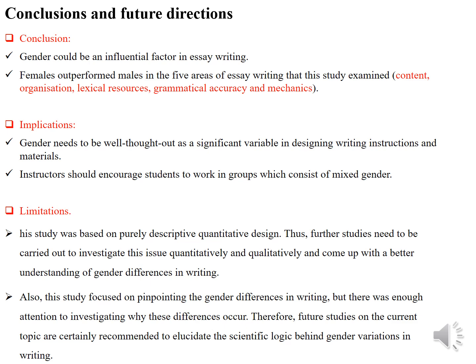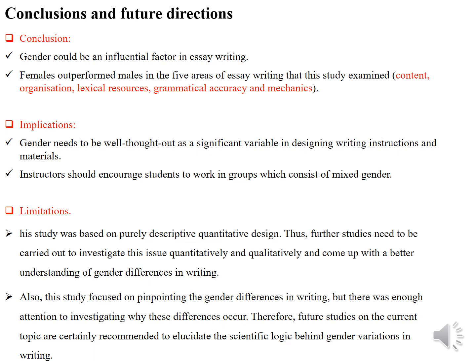Number one, when designing any writing material or planning any writing lesson, gender should be taken into consideration as it is a significant variable. Also, teachers should involve their students in mixed groups of males and females so they can help each other.